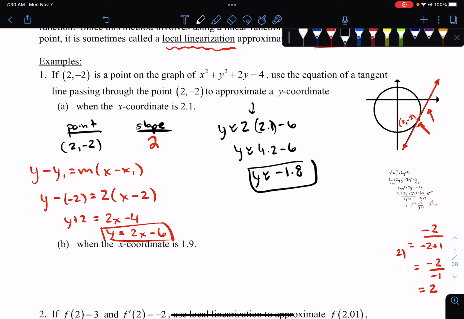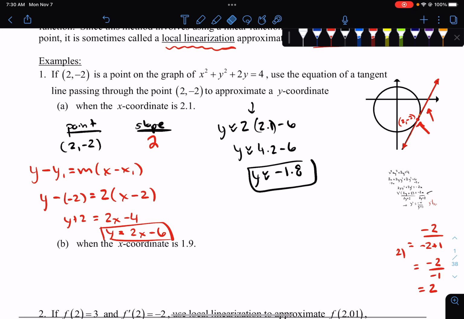Depending on who's grading the AP test, as long as your answer looks like this, you're probably okay. There are a couple graders I've seen that if you didn't have the approximations on that step, you might lose a point. But you definitely have to have the approximation in the answer, all right?